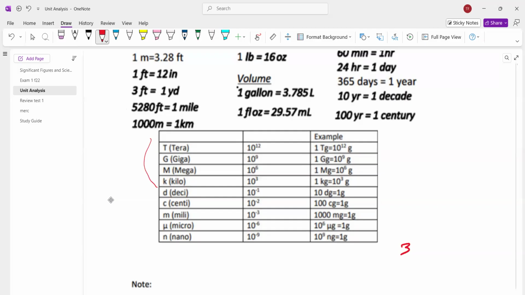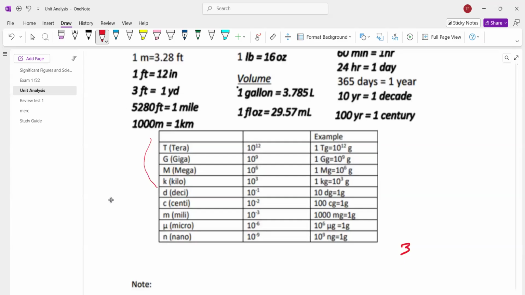Usually a hard drive, SSD, or your flash drive is in terabytes. It used to be gigabytes. And then your memory is in gigabits. Mega is just one step down, and these all differ by 10 cubed.